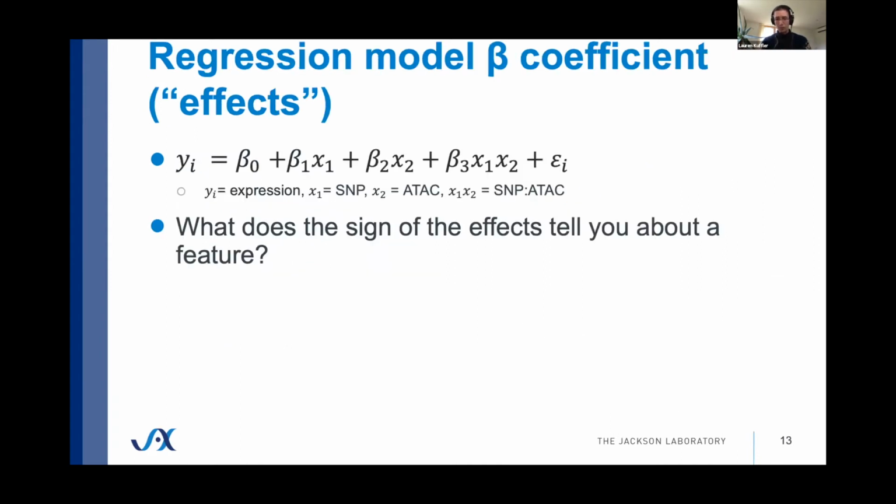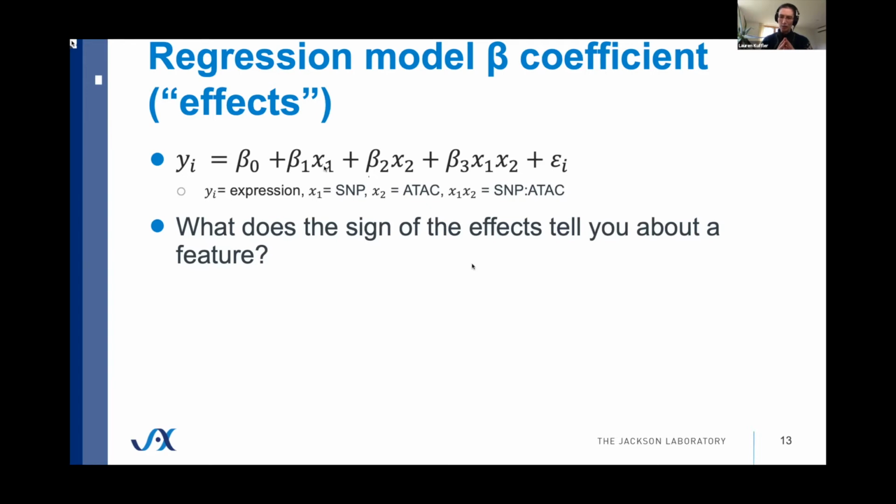Well, one aspect of this modeling approach I haven't touched on yet is the beta coefficients, which are often referred to as the effects of each model term. And these are constants that are calculated for each trio of gene, SNP, and ATAC peak to create the best fit for the data that you give it.